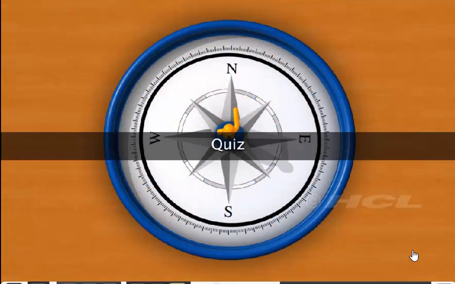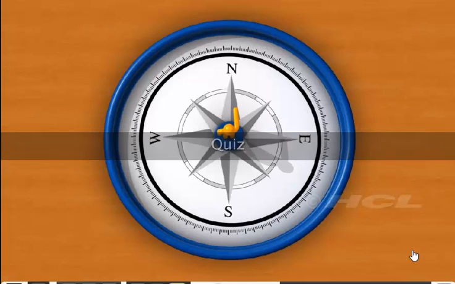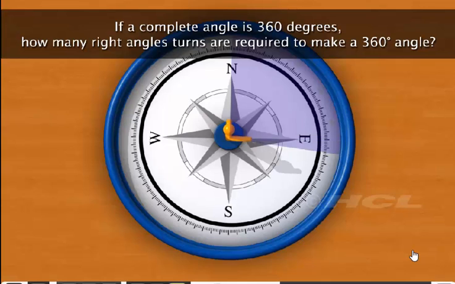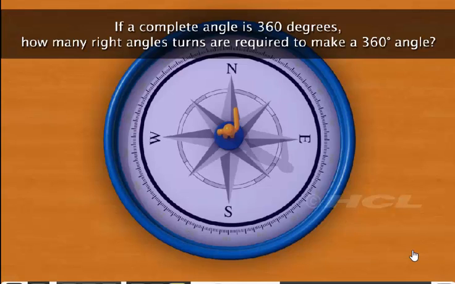With this knowledge, let's go back to the exercise we did with the compass. If a complete angle is 360 degrees, how many right angle turns are required to make a 360-degree angle?